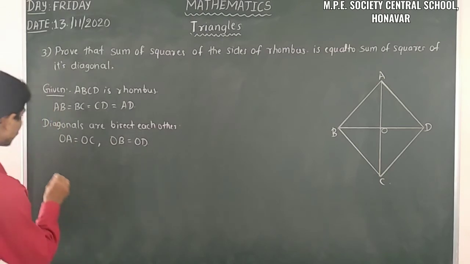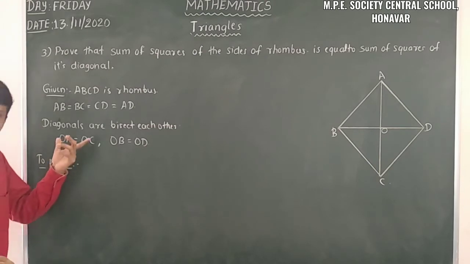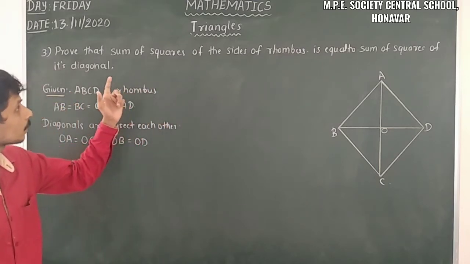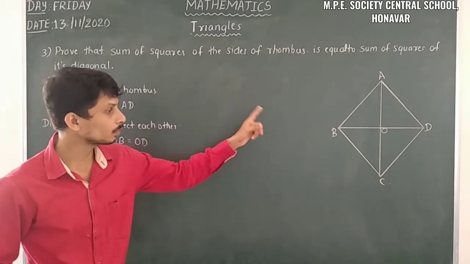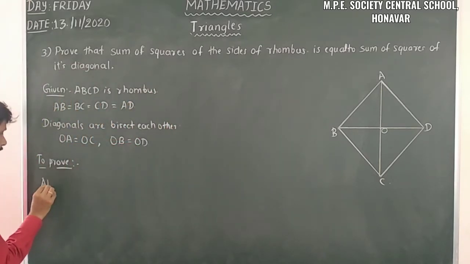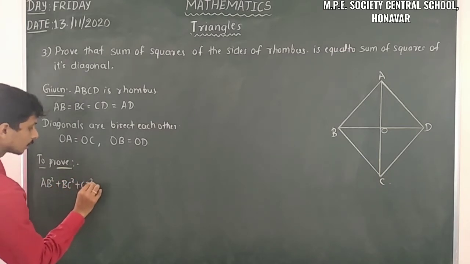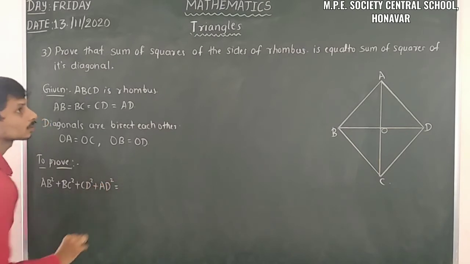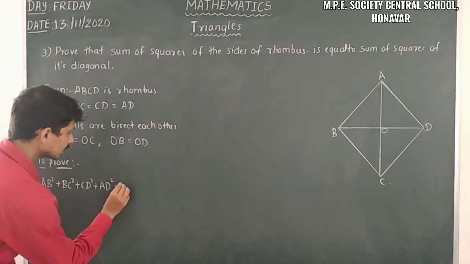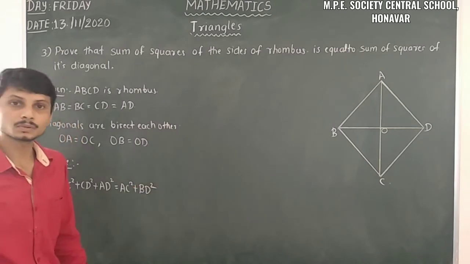To prove: the sum of squares of the sides of a rhombus, that is AB square plus BC square plus CD square plus AD square, is equal to the sum of squares of its diagonals, that is AC square plus BD square. This is what we have to prove.